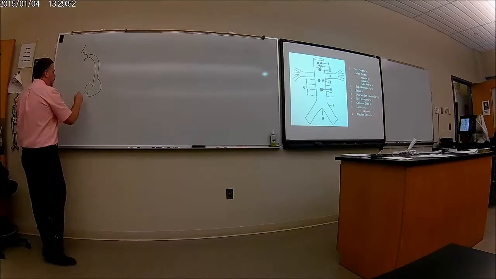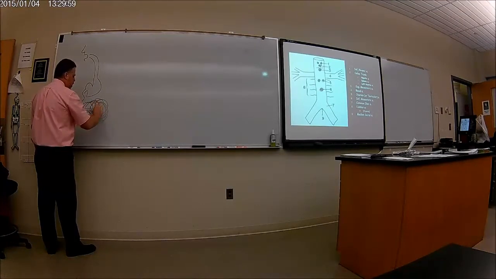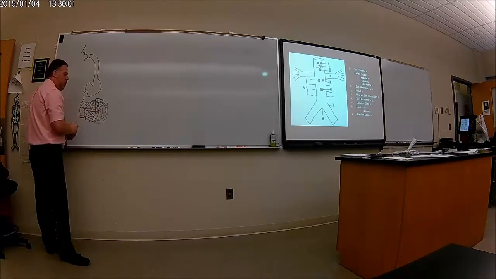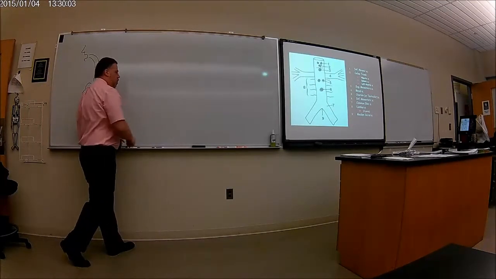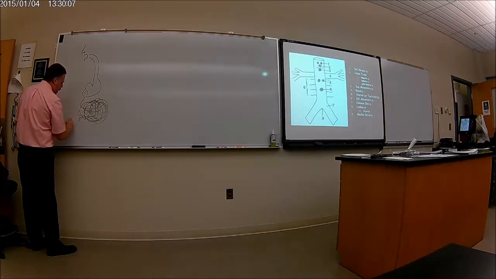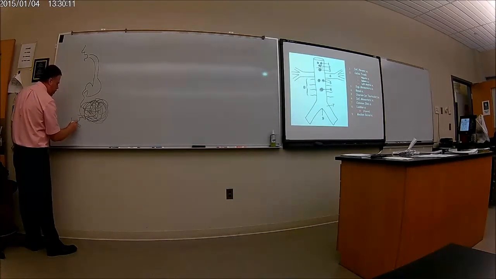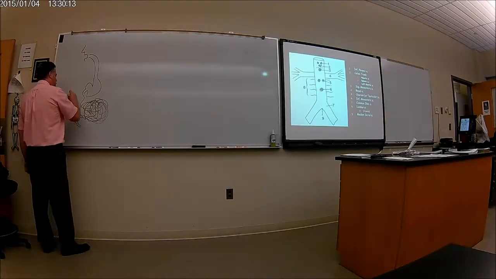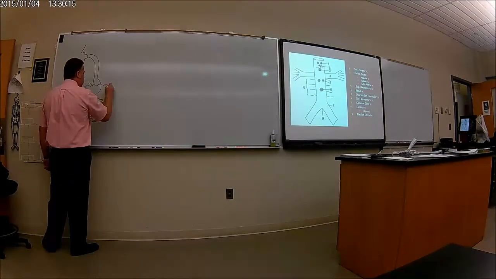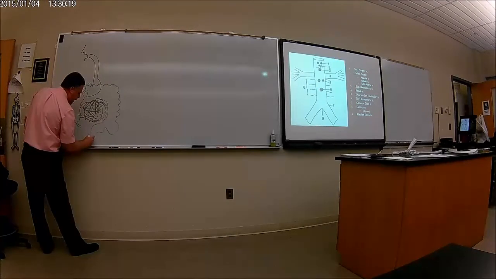Okay? Then you're going to have 23 feet of small intestines. All in there. Then what's going to happen is you're going to start having the large intestines. Kind of does this, goes over the stomach, down here, kind of make a snaky snake thing.